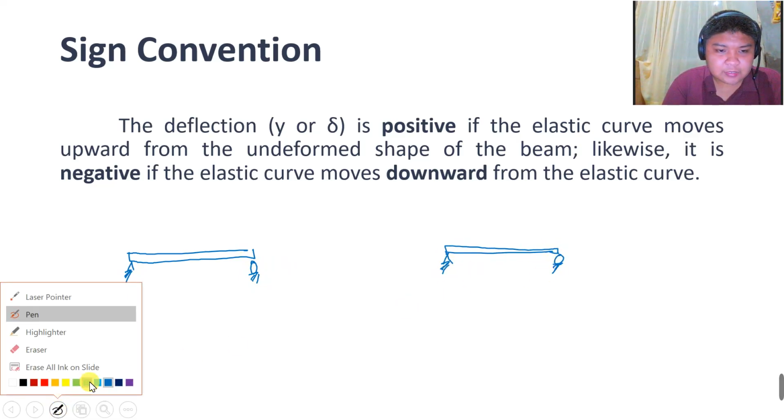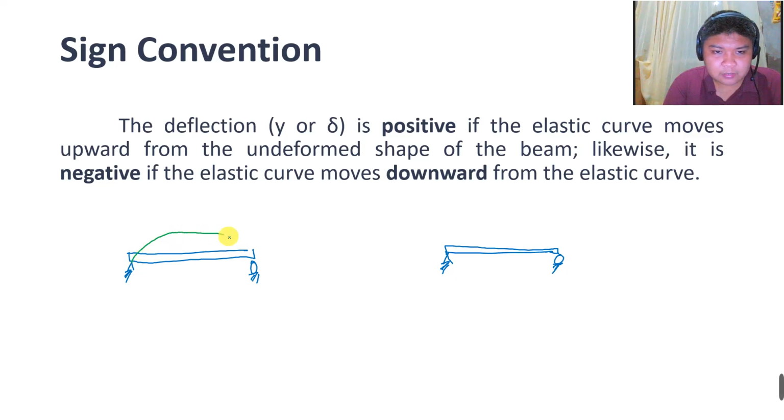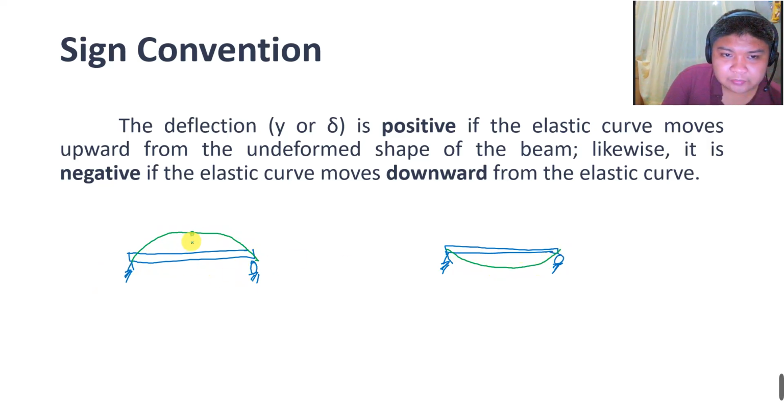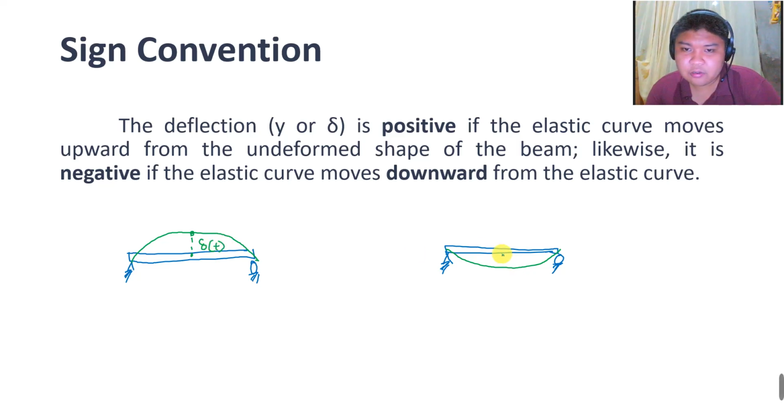Tapos, drawing natin yung elastic curve. Ganito yung elastic curve nito, tapos ganito yung elastic curve sa kabila. Of course, if the deflection is upward, therefore, this is positive. However, dito, this deflection is negative kasi nga nasa baba.